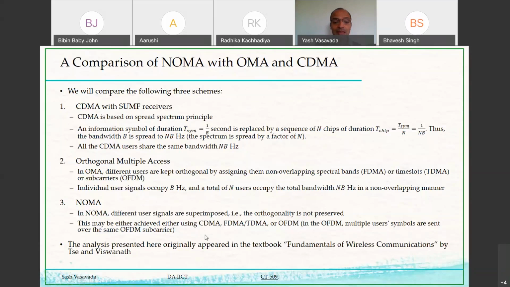But the main concept that we are going to study today first appeared in a very nice, easy to understand manner in this textbook by David Tse and Viswanath. And here I'm pretty much going to summarize the discussion in this textbook. So I think you should go and read this textbook also to gain a little better familiarity with this concept of NOMA.